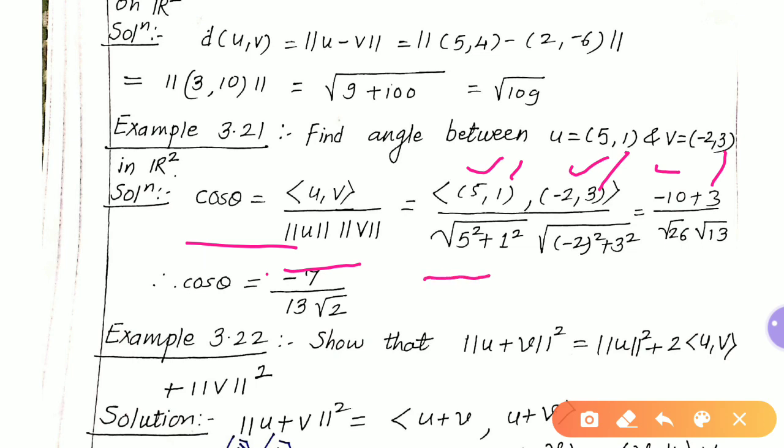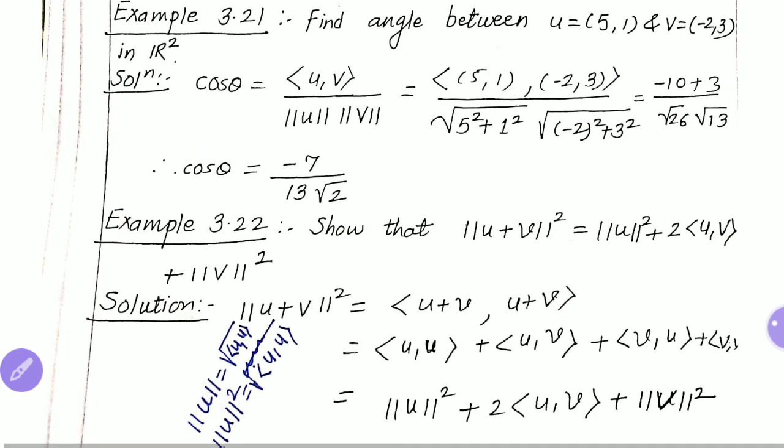So square root of 5 square plus 1 square is the norm of the first vector u, and square root of minus 2 square plus 3 square is the norm of the second vector. After doing the calculation, finally you get cos theta equal to minus 7 by 13 root 2. So these are simple examples. You can solve them using the definition.